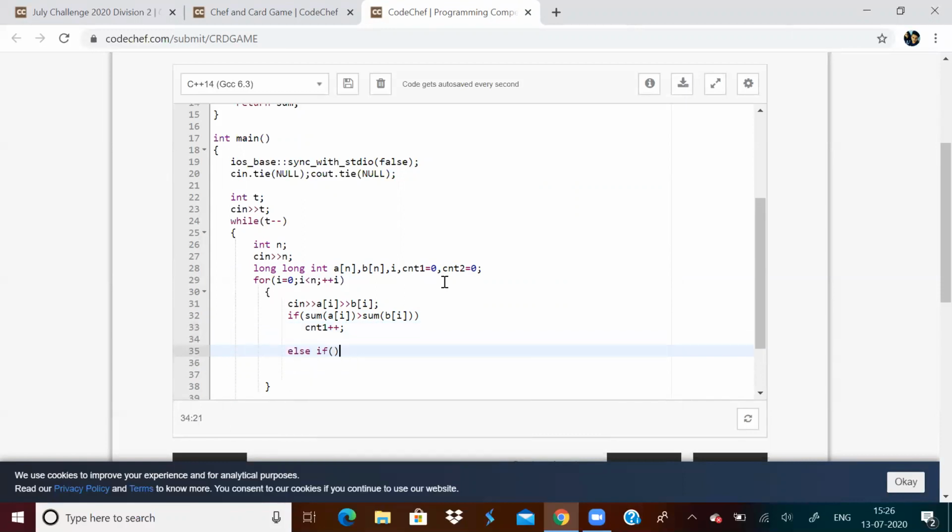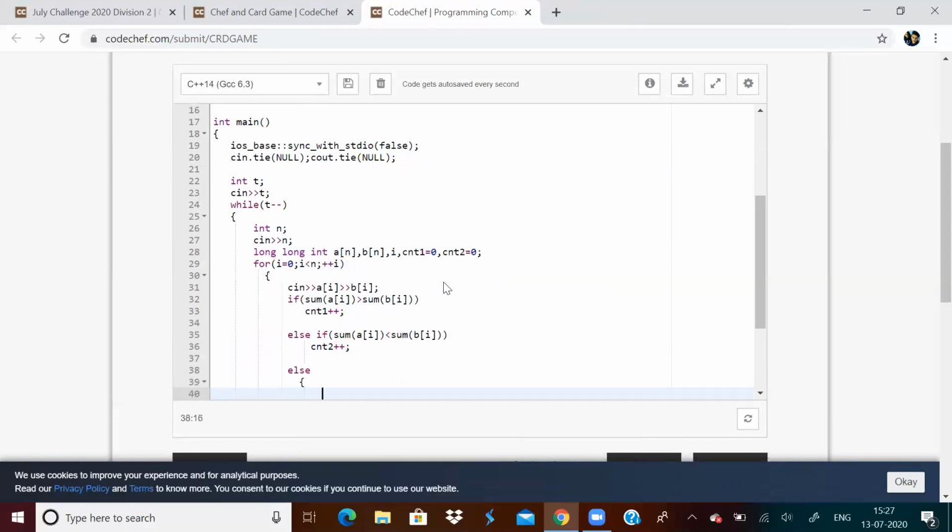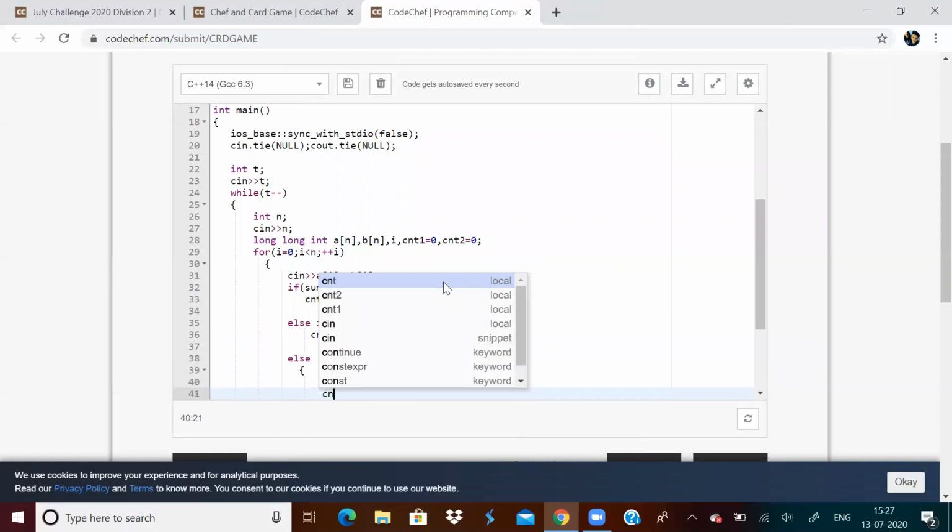Else if sum of a of i is less than sum of b of i, count2 plus plus, that means Morty won. Otherwise both of them get 1 point.